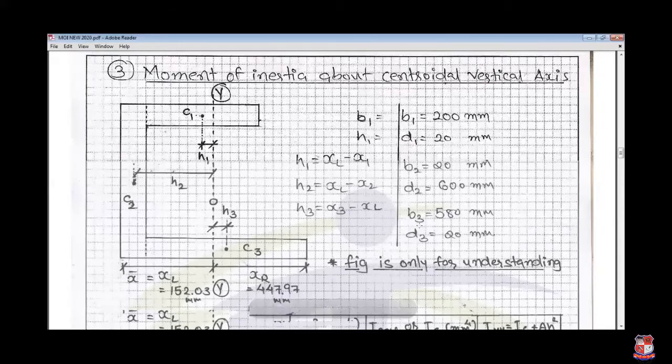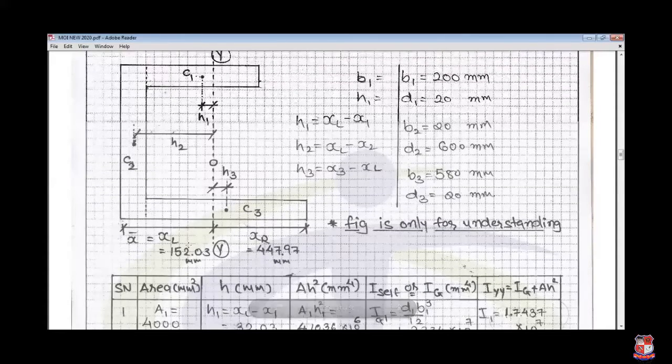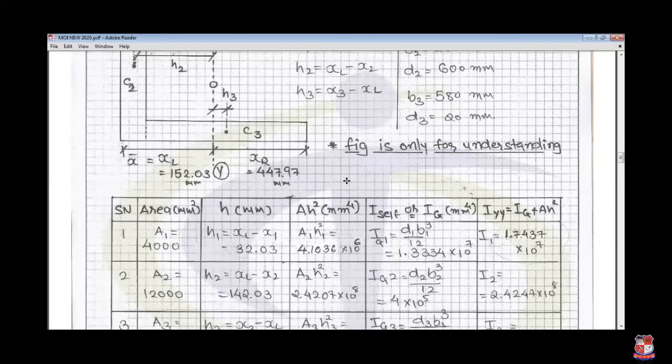So this distance is 152.03, and you subtract it from 600, so you are getting 447.97. They have used the terminology XL minus X1, X3 minus XL. So that is the larger distance they have considered.